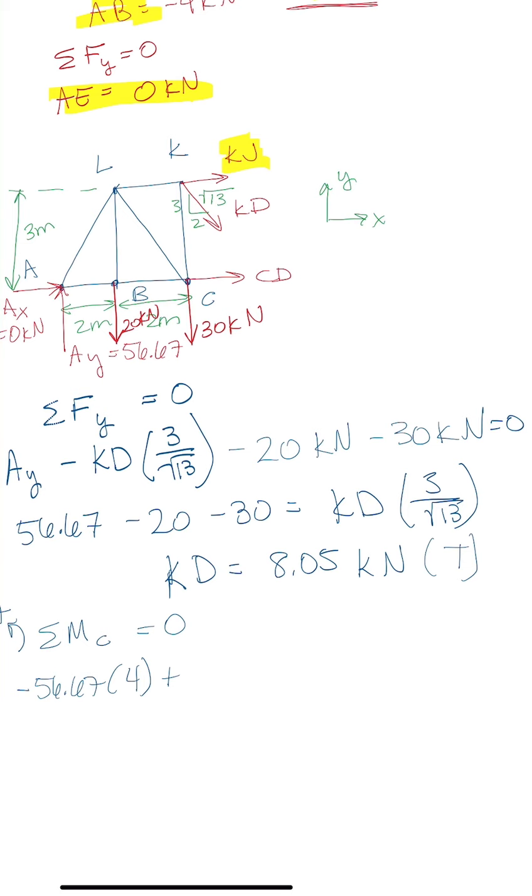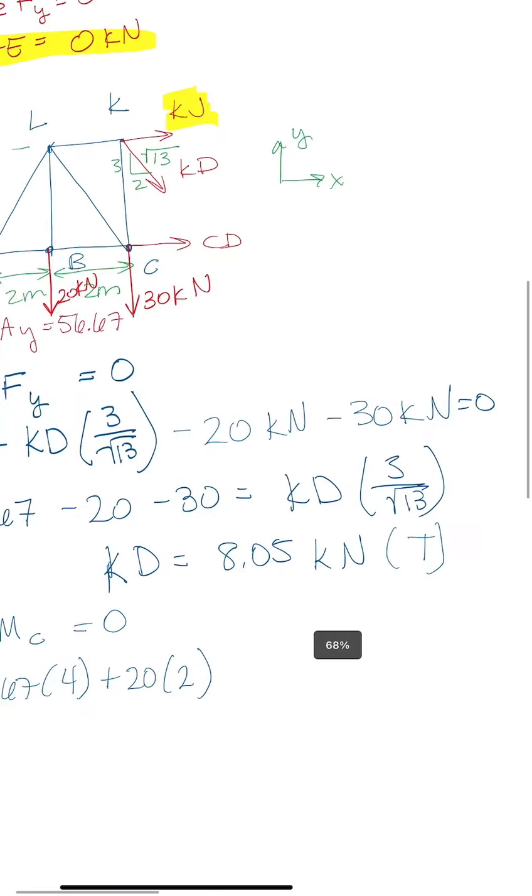Then plus that 20 kilonewton force. I'm not writing the units in. 20 kilonewtons times 2 meters. The 30 kilonewton force is on C, so it doesn't create a moment. CD is also at point C, so it doesn't create a moment. And if we go up to KD, the y component of KD isn't going to create a moment, but the x component will, and it'll create a negative moment.